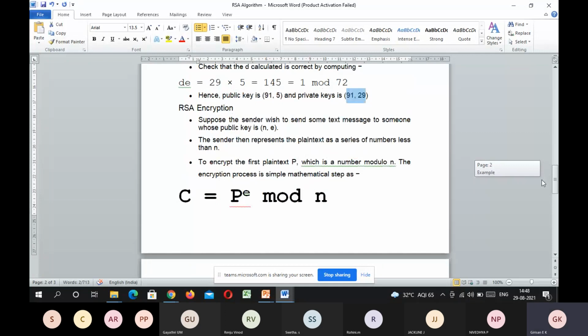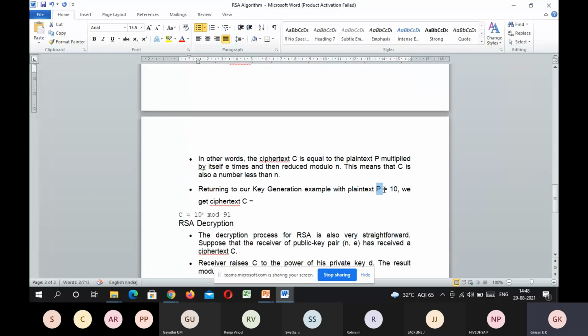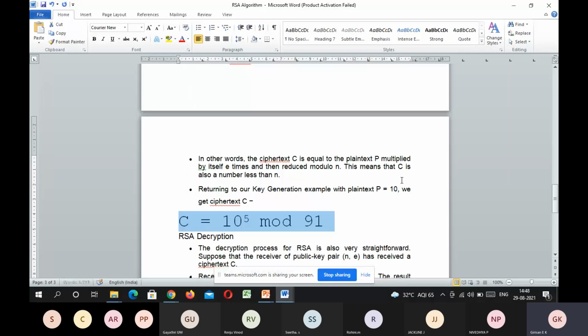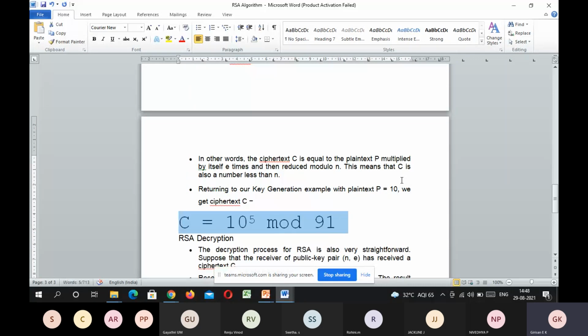For example, if the plain text is 10, we can calculate the ciphertext. I'll highlight: C is equal to, what is C? Ciphertext. The mathematical formulation is C is equal to P power E mod N. For this example, the plain text value P is 10.